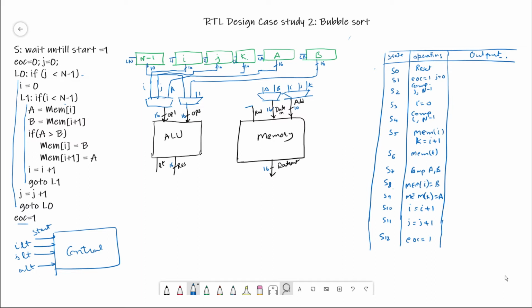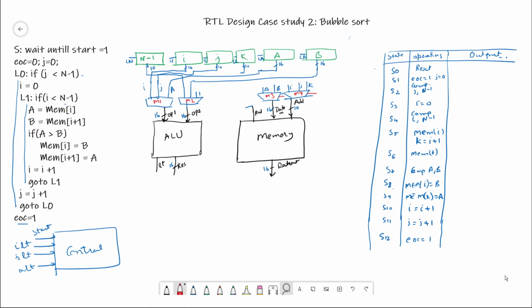We would also require some select signals here. To make it easier, let's call these mux 1, mux 2, mux 3 and mux 4. So these are the signals here.